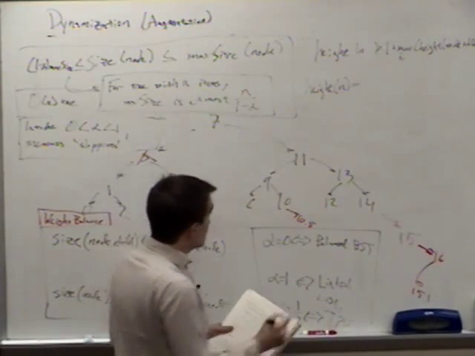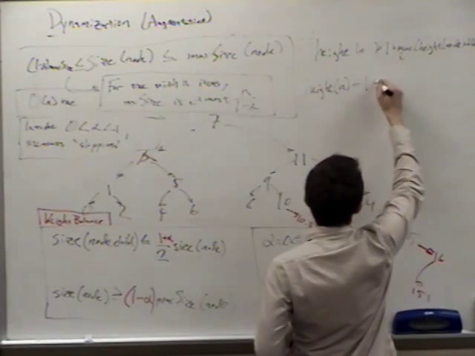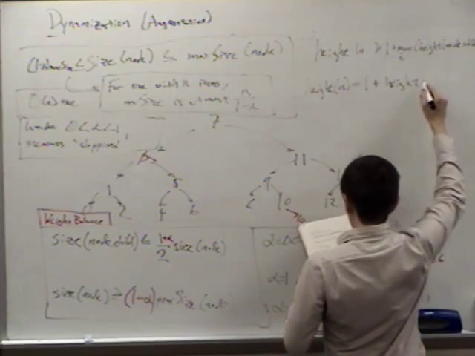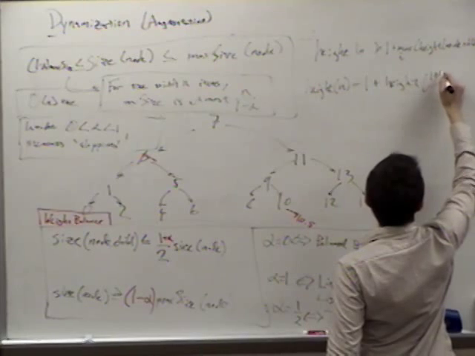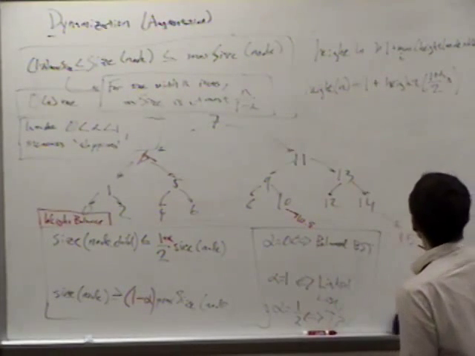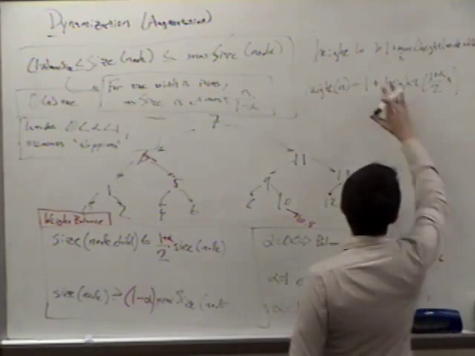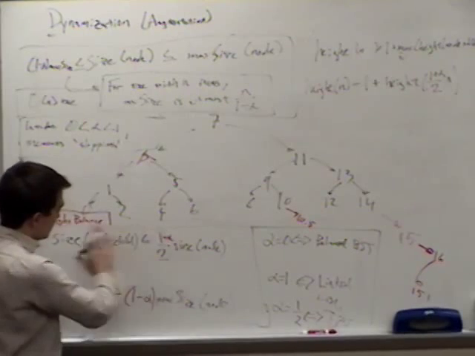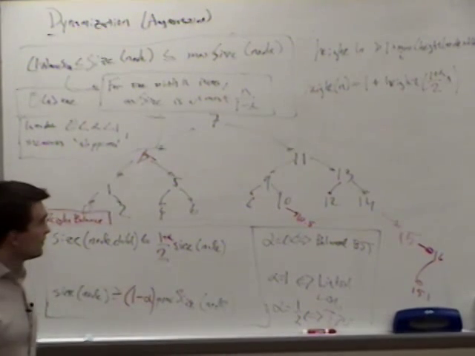So this is going to be height of n plus 1 times the height of 1 plus alpha over 2n.